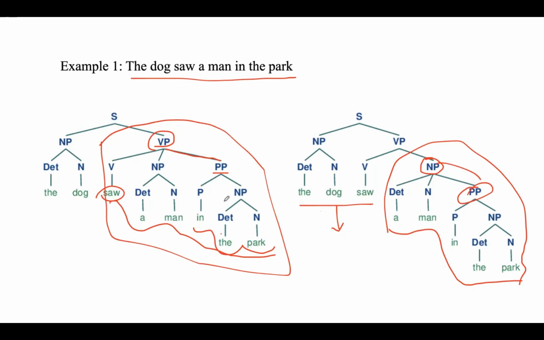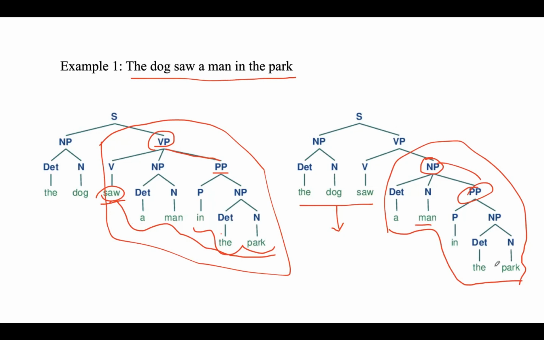Like that, interpretations will change based on the tree which we generated. In the first case, as we have this complete one in this right subtree, it indicates that the saw event happened in the park only. Whereas in this case, it is not like that.